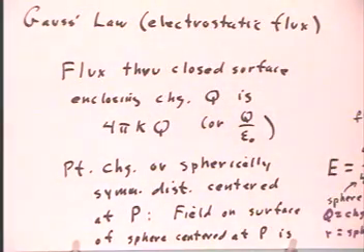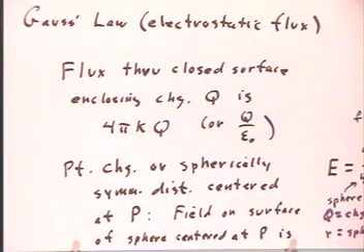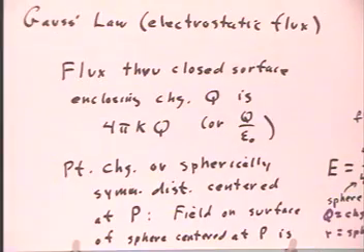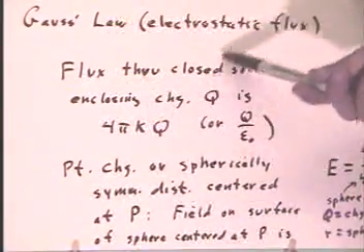Now, for a point charge or a spherically symmetric distribution centered at a point P, we see that the field on the surface of a sphere centered at P has to be uniform. That is, we have the center of a sphere and the outside of the sphere.